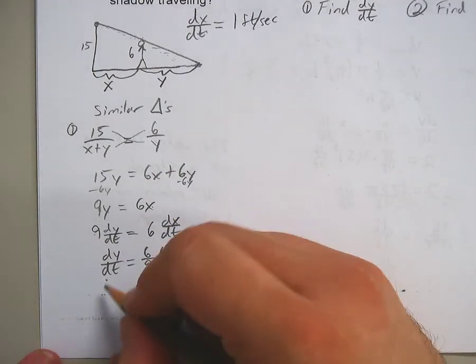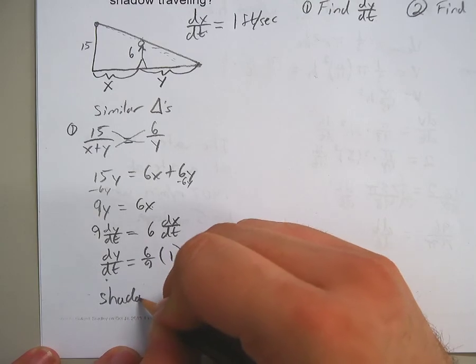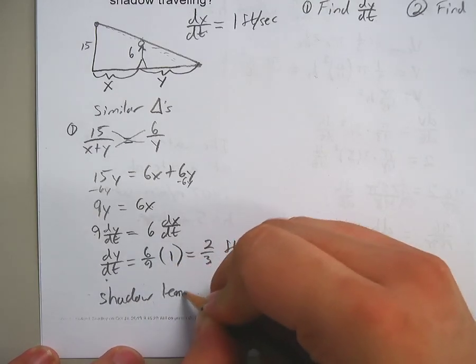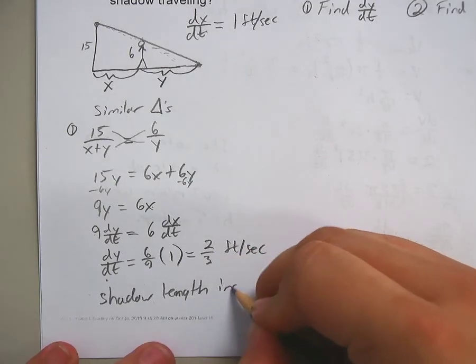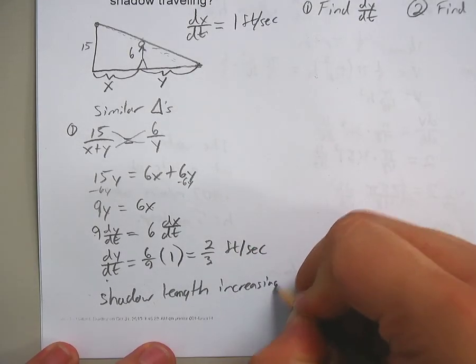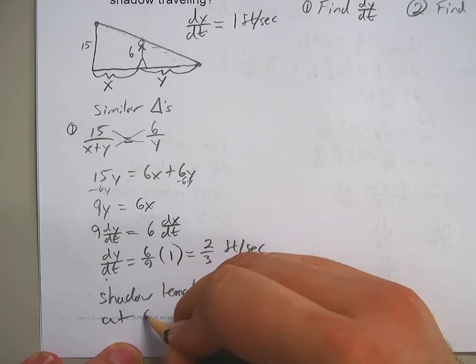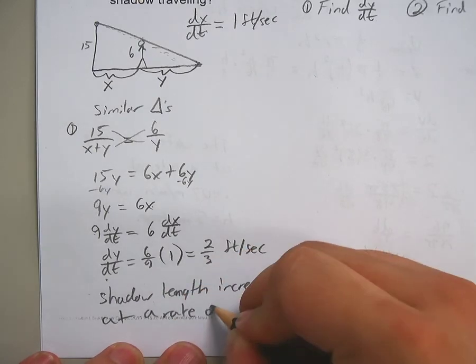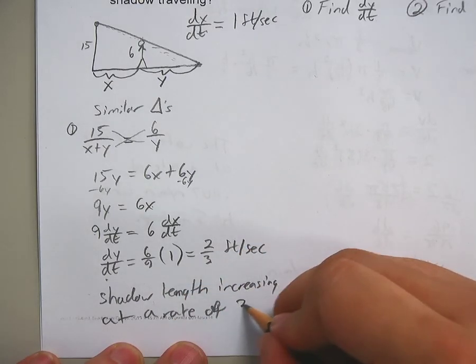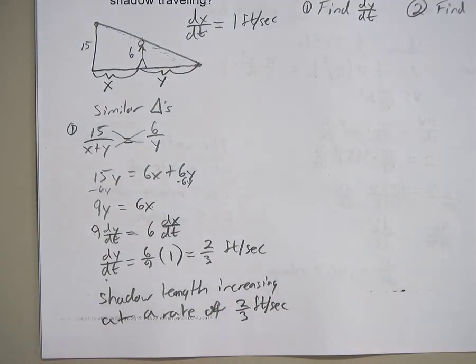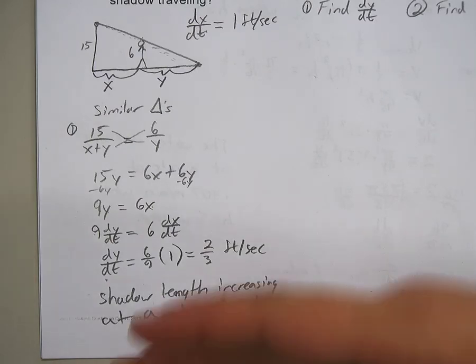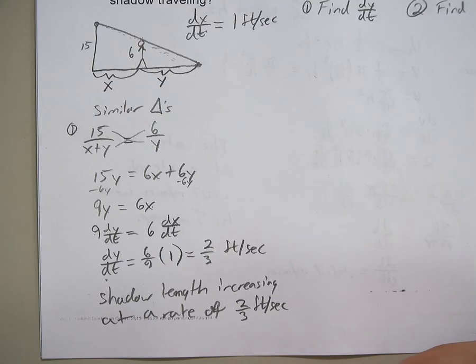So the shadow length is increasing at a rate of 2/3 feet per second. Interesting, isn't it? dy dt is changing at 2/3 a foot per second.